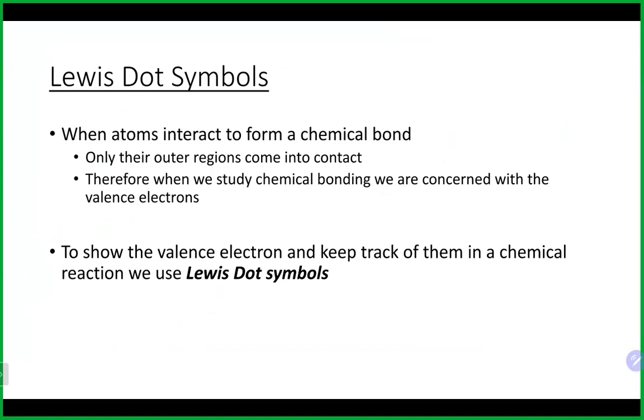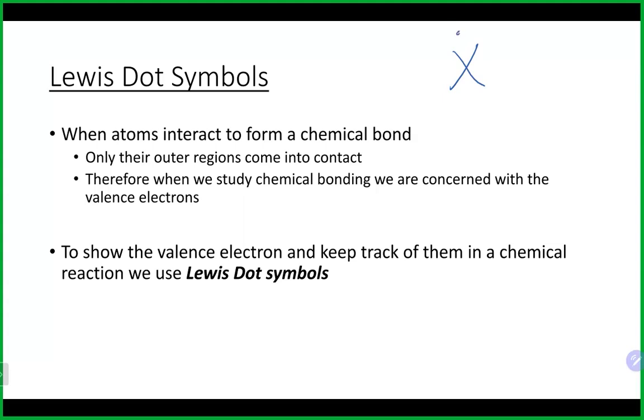Remember that as we talked about, only valence electrons are shown in bonding and are involved in bonding. So Lewis dot symbols are basically the symbol for the element and one dot for each valence electron it has. And as we talked about super quickly, we could figure out the number of valence electrons by the group number, right? So it's equal to the group number.